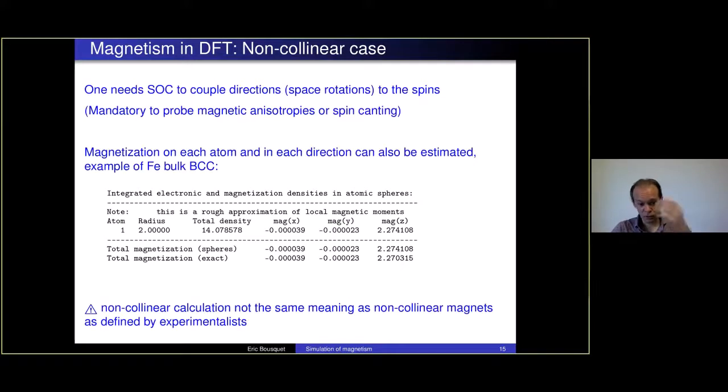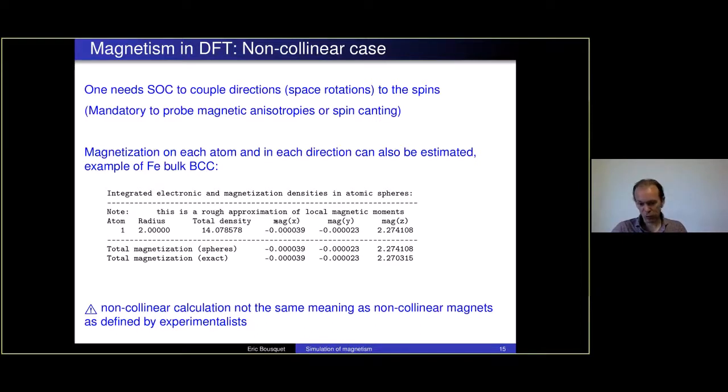And here I give you again the same example with the iron. And then of course you have to add the spin orbit coupling into the potential. That is what I'm supposing here. And here again for the iron, you see if I start my calculation putting the spin along z, you can integrate the total density inside the spheres again.